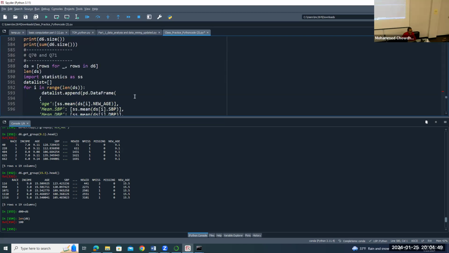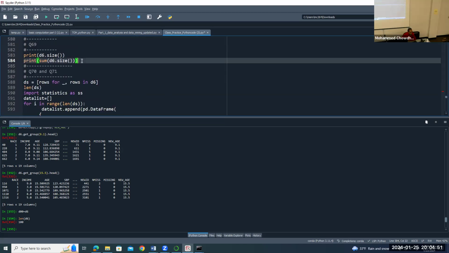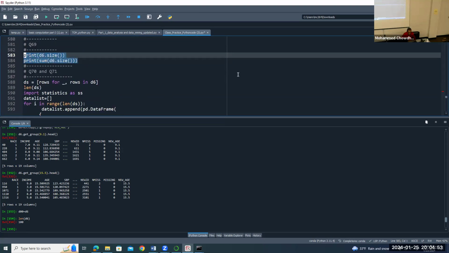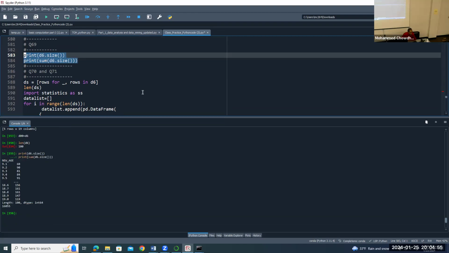Now see what I'm doing. That's where the fun starts. This is just something I want to check, the dimension. For age 9.1, I have 60 rows. For 9.2, I have 90 rows. I have data corresponding to age 9.1, another corresponding to age 9.2, and 100 data corresponding to age 19.